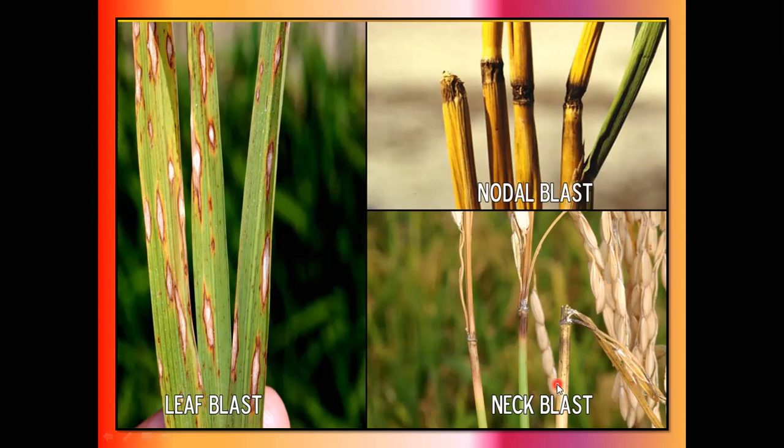At flower emergence, the fungus attacks the peduncle, or the neck portion or panicle portion of the rice. Initially, dark brown lesions are seen on the neck or panicle portions.